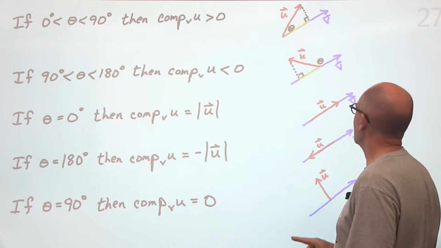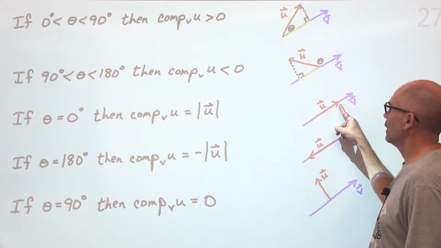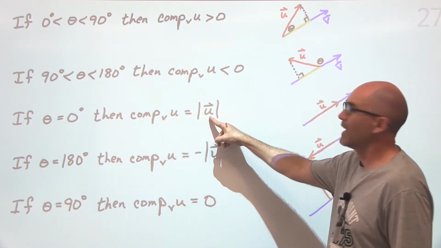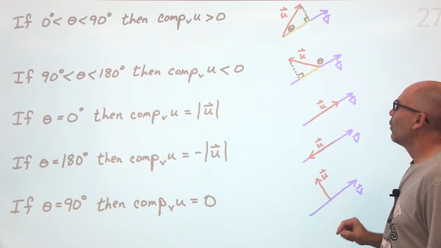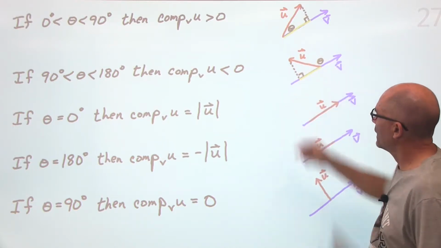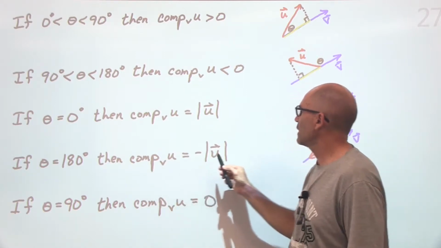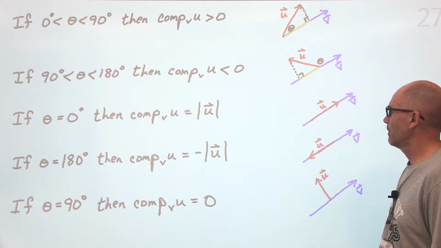Now, let's say theta is 0. That means u and v are going the same direction. Well, that means the component of u along v is just the magnitude of u. Simple. Okay, now, what if theta is 180? So I go all the way the exact opposite direction. Then the component of u along v is going to be negative magnitude of u.